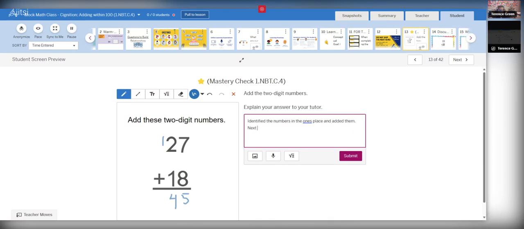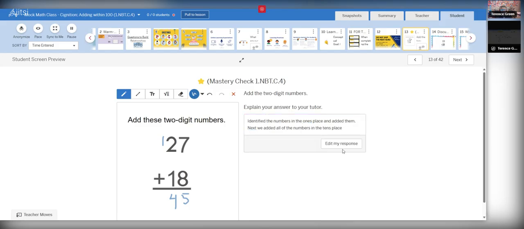Next, we added all of the numbers in the tens place. Okay? So that would be one of the ways that we did this problem to get the correct answer.